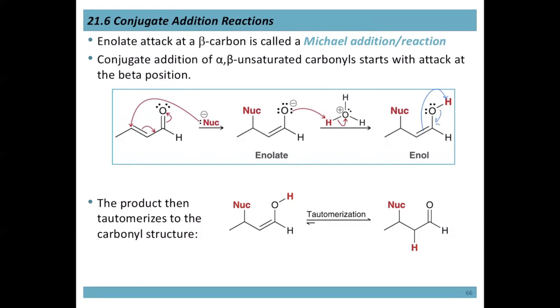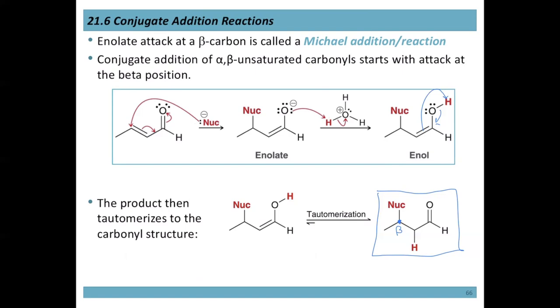And so what ends up happening is we get a substitution at the beta carbon. That's kind of an interesting product. If we were asked to synthesize that, we would probably have a hard time figuring out how to make it so that there's an electrophile at that site. But these beta substitutions come from these Michael reactions.